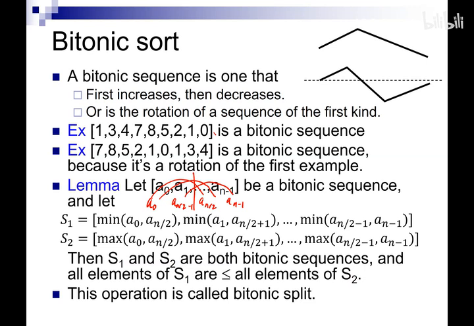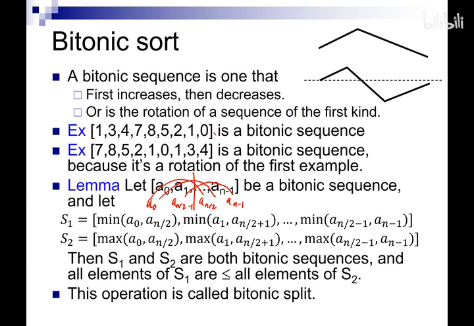So that's the claim. We're going to prove this claim on the next page, but first let's say that this operation, where you split the list in half and then take the min for one part and the max for the other part, we'll call a bitonic split, because now you get two sequences, each of half the size.